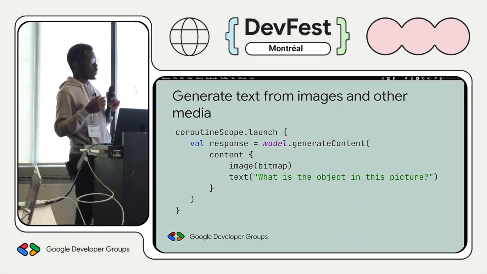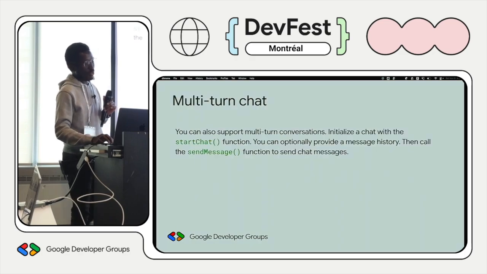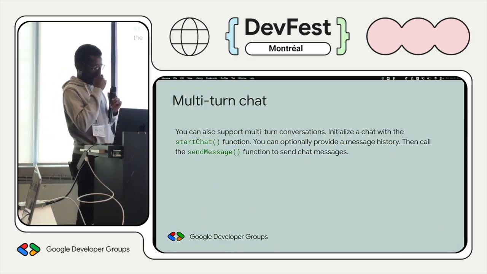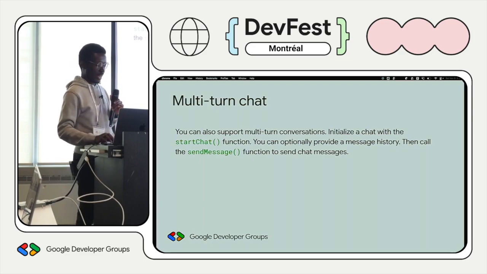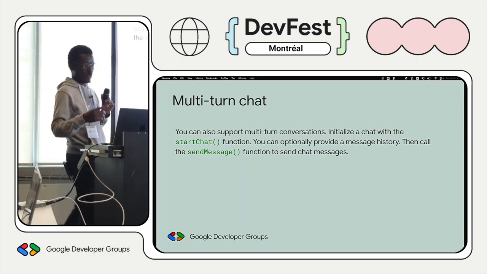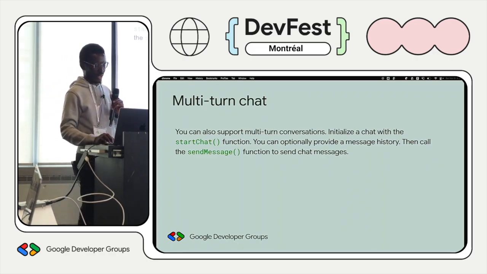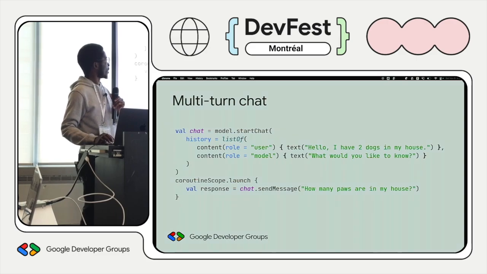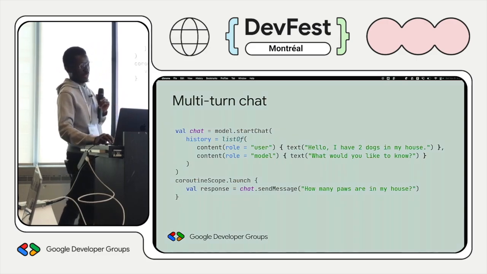So in case you want to preserve the context of the whole conversation, then you will need to use multi-turn chats. You can do that by initializing the chat by calling the start chat method, and then you will be using the send message method in order to send new messages into the chat. This is how it looks. First of all, you need to start the chat by using the start chat method.